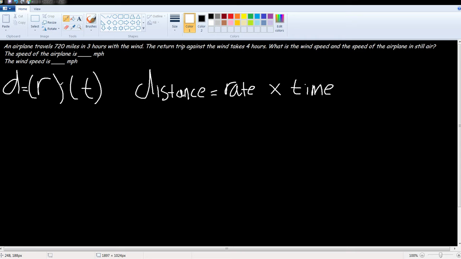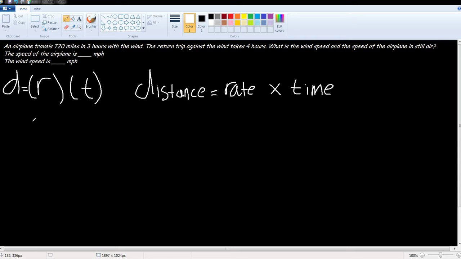So let's read. When it comes to word problems, it's always good to read it line by line and kind of parse the necessary information and see what you can do with it, translating that into equations. The first line says an airplane travels 720 miles in 3 hours with the wind. So what's our distance?